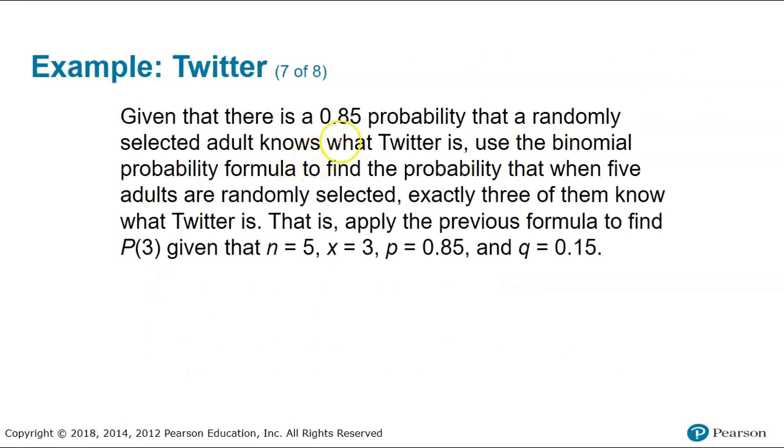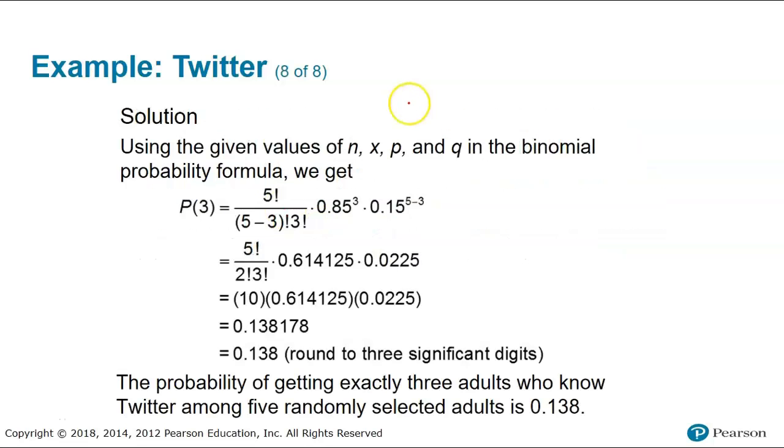Okay, so on this one, if we work with the values that we just identified, when we plug these numbers into the formula, we have P of X is n factorial over n minus x factorial times x factorial times p to the x times q to the n minus x.